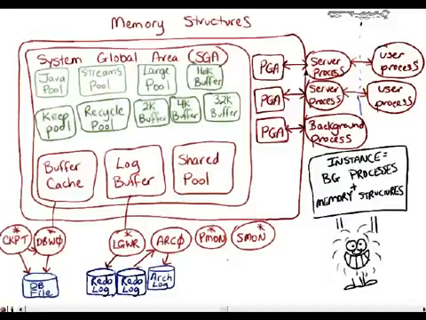That server process is going to attempt to grab the information from the buffer cache. If it can't find what it needs there, then it will actually read the data from the database file down here and then store that data in the buffer cache and return it back to the user process.